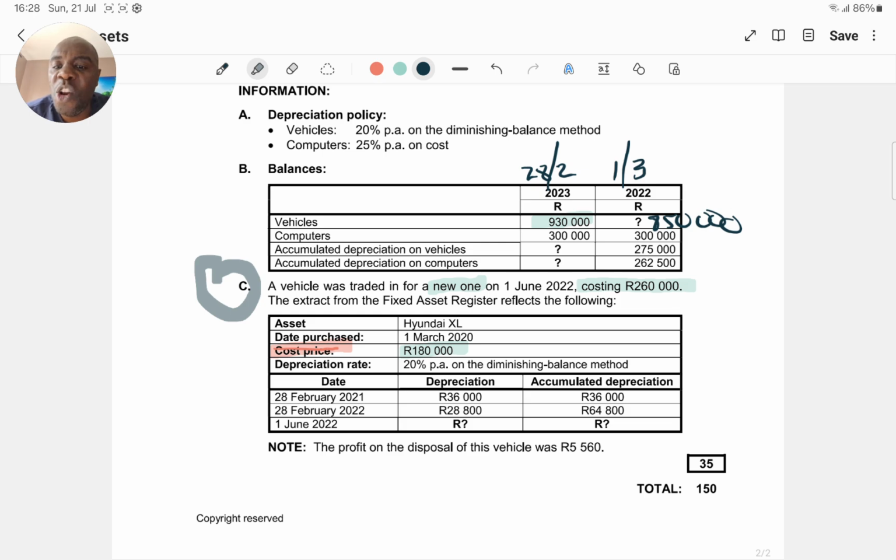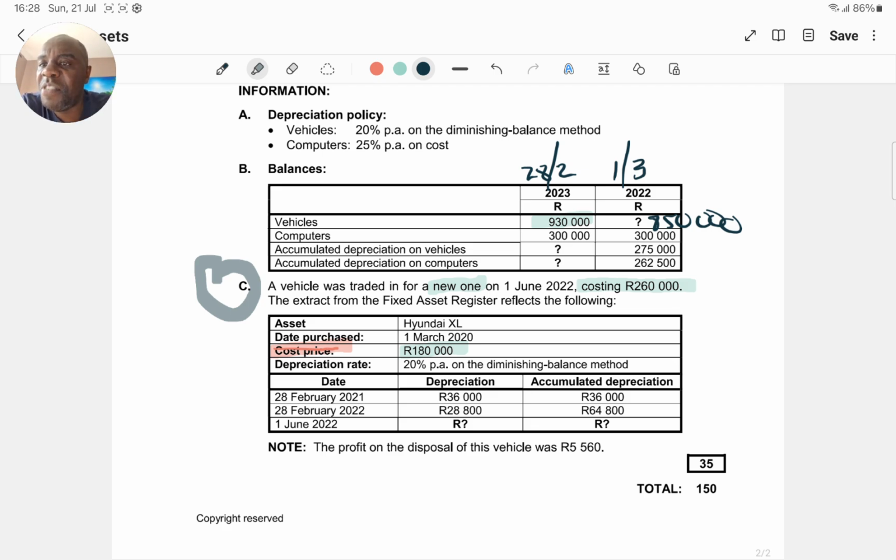We are also given a note at the bottom that the business made a profit of 5,560 upon its disposal. So they got 5,560 more than the carrying value of this asset. So we want to look at how much the trade-in value was.